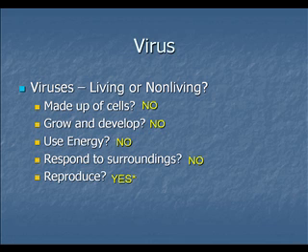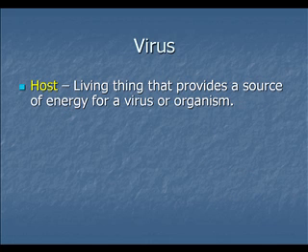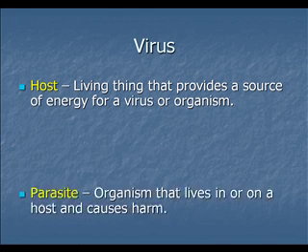And notice I have an asterisk next to that, because they really can't reproduce on their own. They have to reproduce inside of a host. So let's see what a host is. A host is a living thing that provides a source of energy for a virus or organism. And so it provides a place for that organism or virus to live.